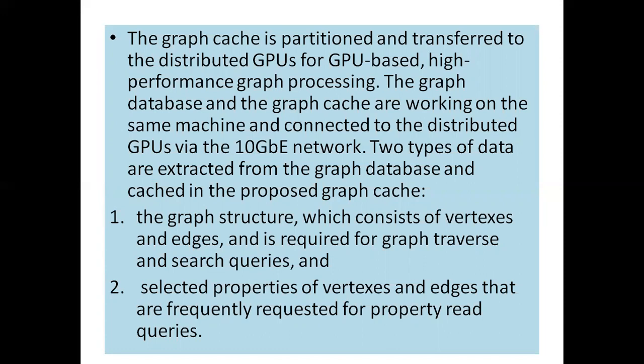Two types of data are extracted from the graph database and cached in the proposed graph cache. The first one is the graph structure, which consists of vertices and edges and is required for graph traverse and search queries. The second one is the selected properties of vertices and edges that are frequently requested for property read queries.